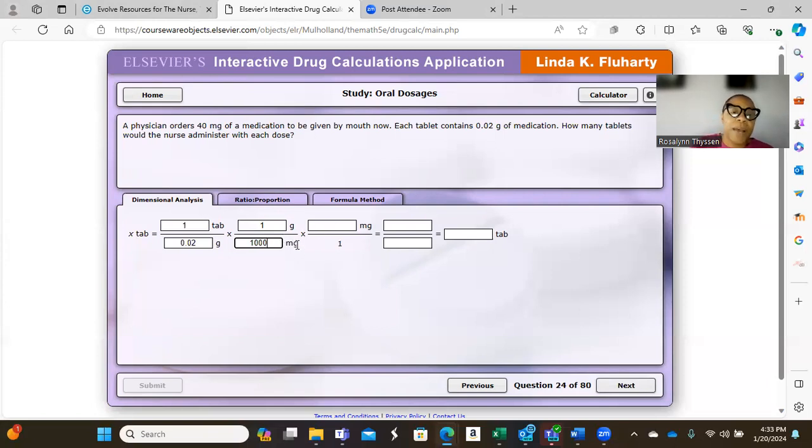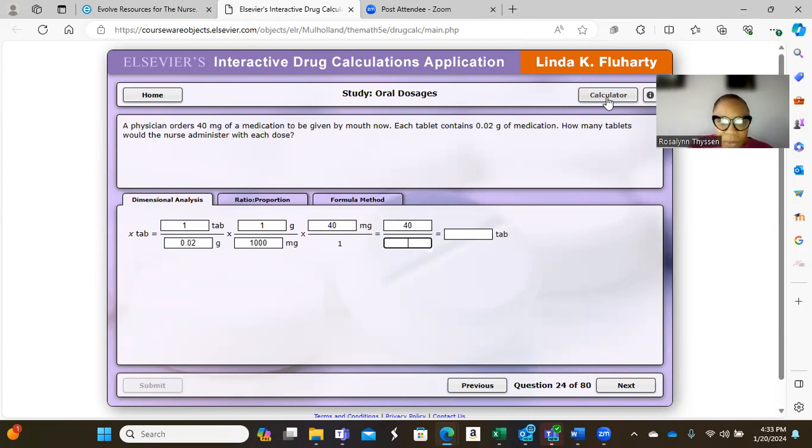All right, milligrams at the bottom. I know it has to go at the top. My order is in milligrams, so how many milligrams do I need? 40. Throw that over 1. Milligrams cancel out. Grams cancel out. I'm left with tabs. If what I'm left with equals what I'm looking for, then I set it up correctly. So now I just multiply straight across. 1 times 1 times 40 is 40.